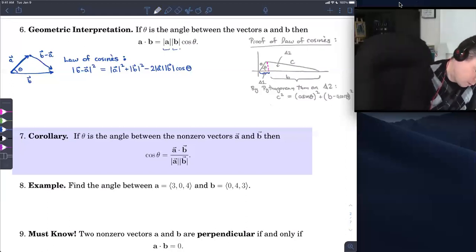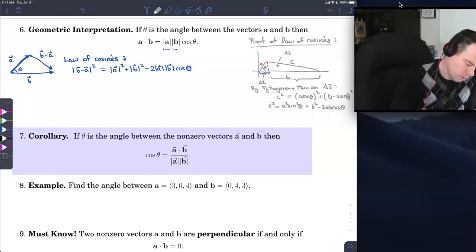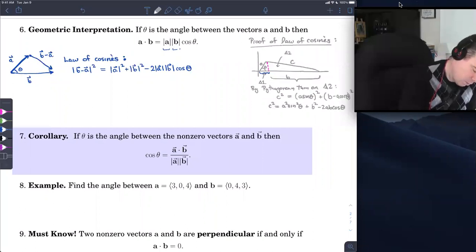We can just rearrange it a little bit. So this becomes a squared sine squared theta plus b squared, minus 2ab cos theta. That's our cross term. So now you can see where that 2ab cos theta is coming from in our law of cosines. And then we've got plus a squared cos squared theta.